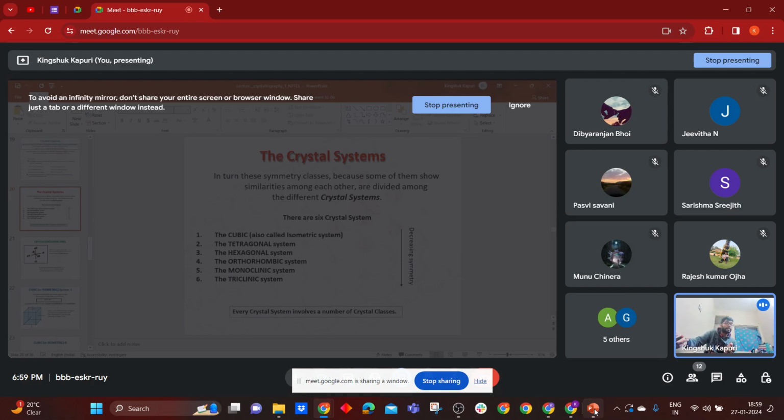In tetragonal system also you have a Hermann-Mauguin notation of a class, that is 4/m 2/m 2/m. Can anyone, especially those who have not answered till now, tell me what is the name of the 4/m 2/m 2/m?